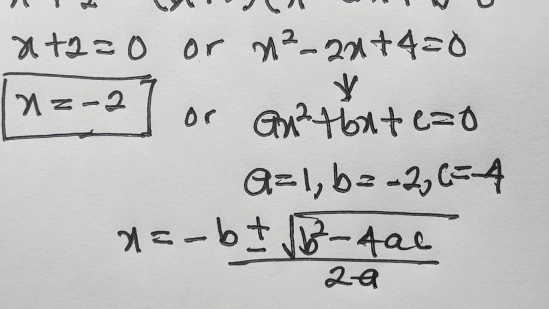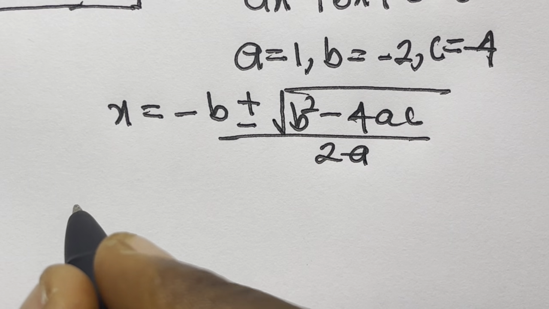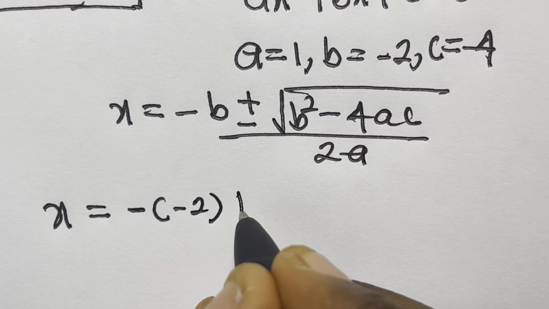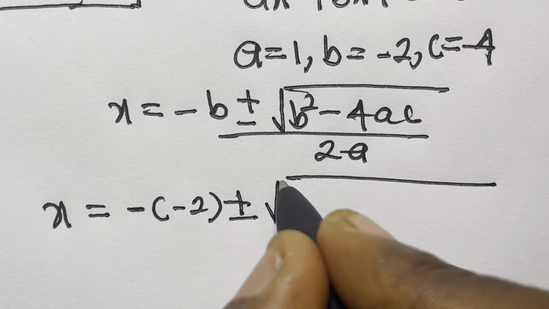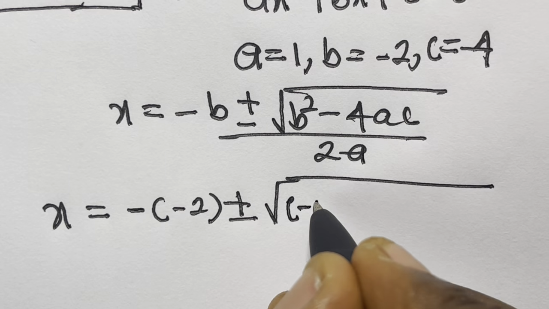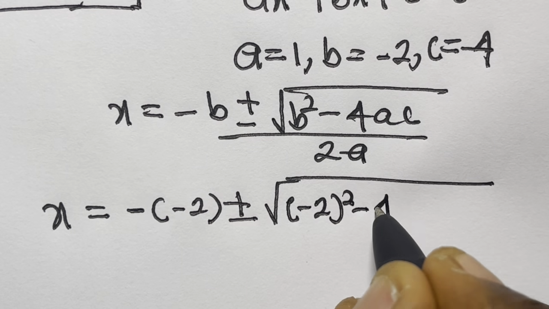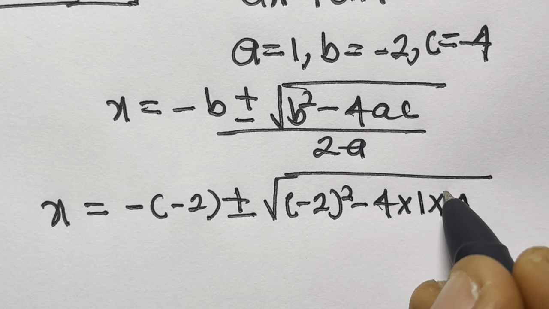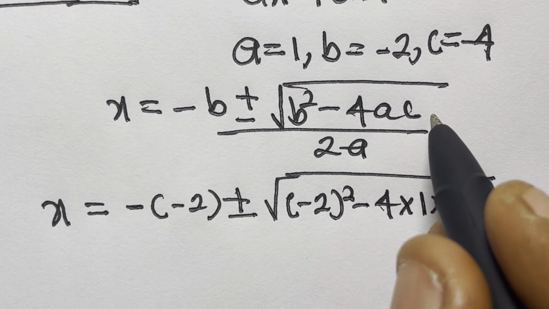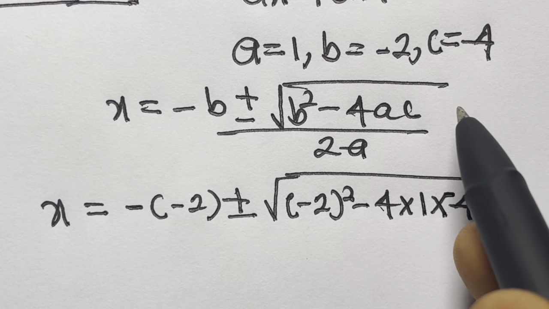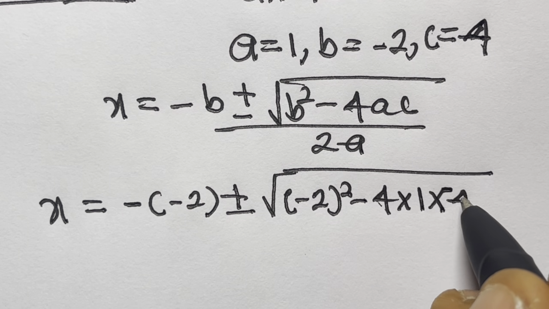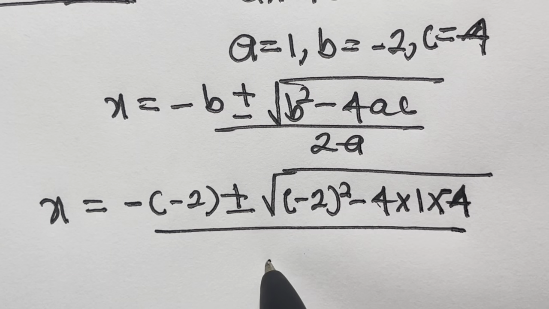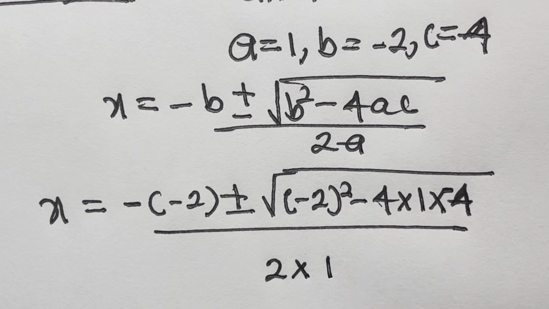Substituting these values into this formula, we will have x equals minus minus 2 plus or minus square root of b squared. Our b is minus 2, so we have squared, minus 4 times 1 times 4. So we have 4 here, divided by 2 times 1.